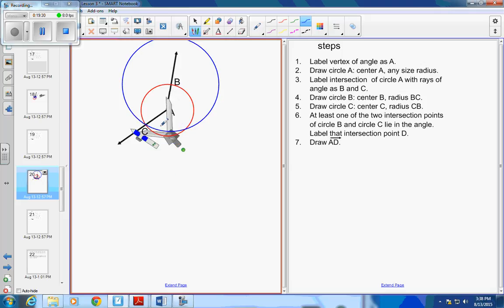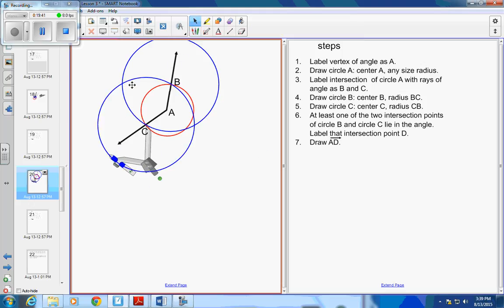Going to make a circle centered at C with radius CB, which is the same exact radius, so I don't adjust my compass. I'm going to label my intersection D, and then I'm going to draw ray AD. And now that angle has been bisected.